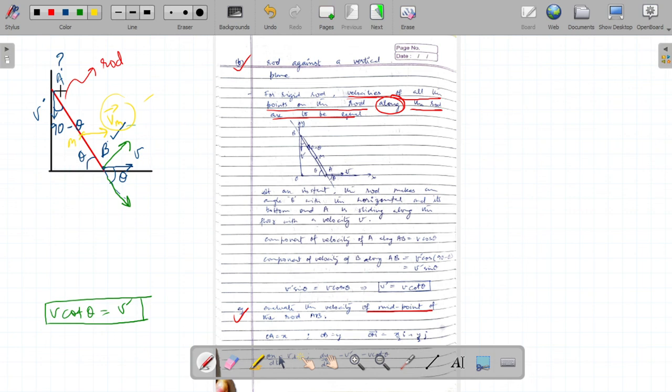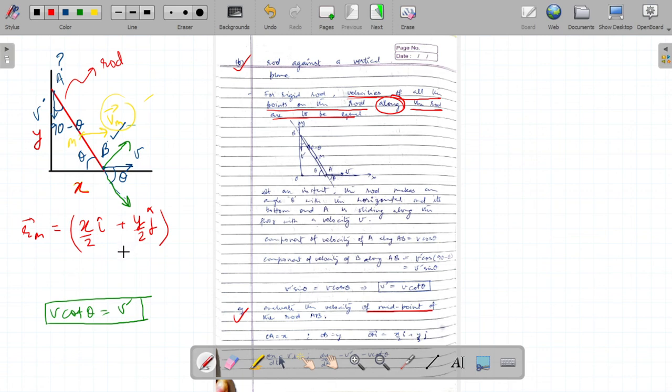So if this line is making an x intercept with the x axis, let's say this intercept is x, and some y intercept with the y axis, then the position of the point M would be x by 2 i cap plus y upon 2 j cap. So we have found the position vector, right?